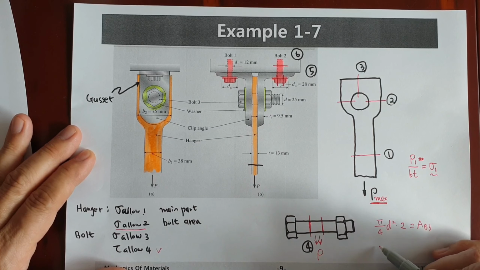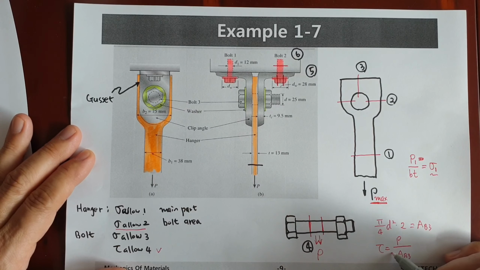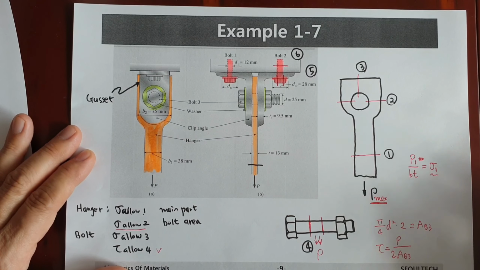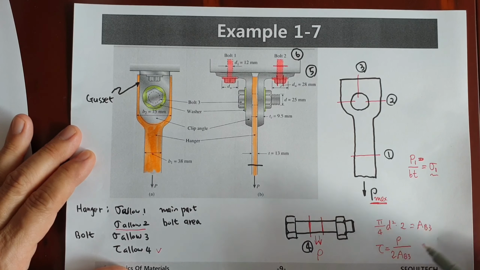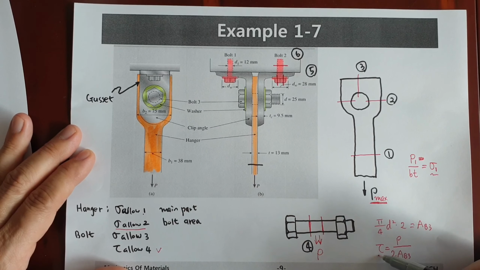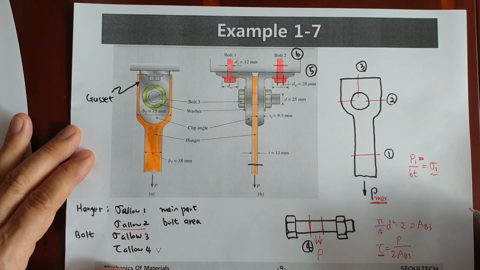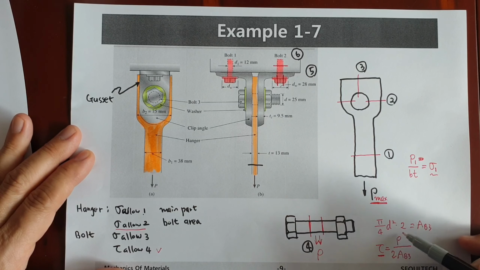And shear stress tau equals what? External P is divided by A bolt 3. And the trouble is we have two shear areas, then we introduce 2. Then we can find the shear stress here. And this one is compared to the allowable shear stress. Then we can find the maximum P value.